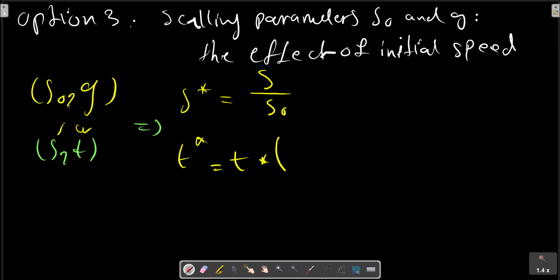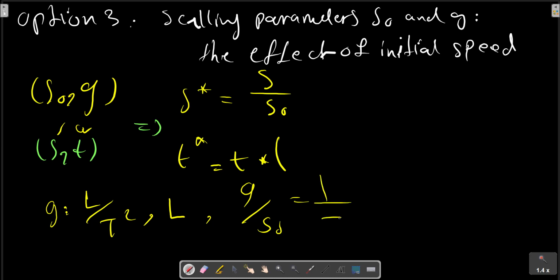a non-dimensional case. We know G dimension is L on T^2 and S is L. So if we divide G on S0, we will obtain 1 on T^2.